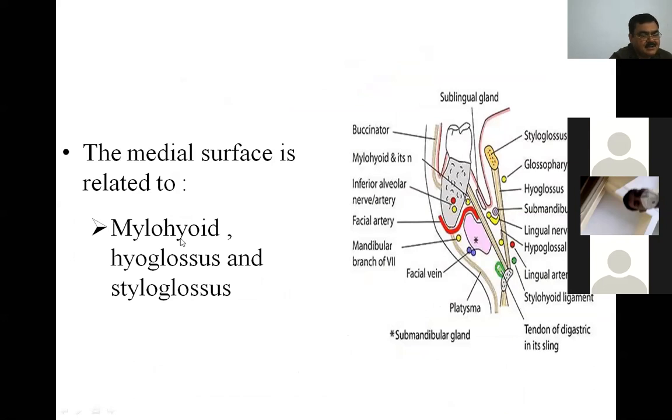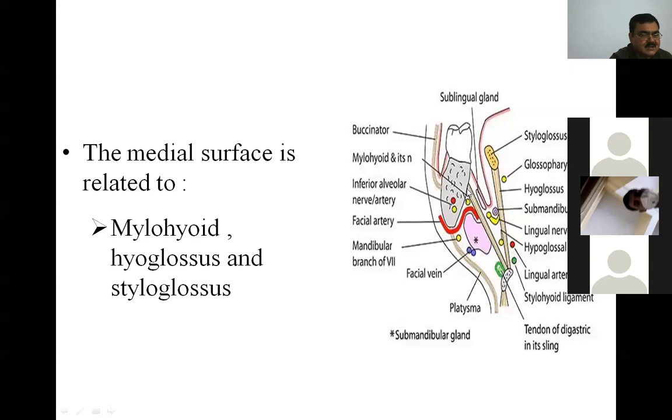Now the medial relation. Here you can see this muscle. This is the mylohyoid muscle, and this is the mylohyoid nerve. Mylohyoid, hyoglossus, and styloglossus muscle.